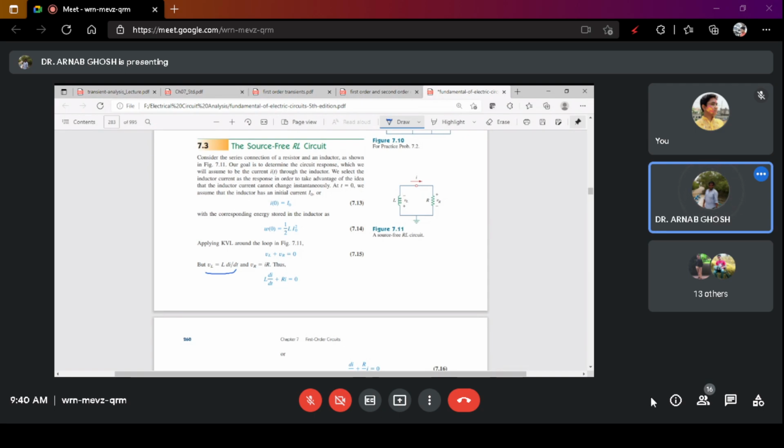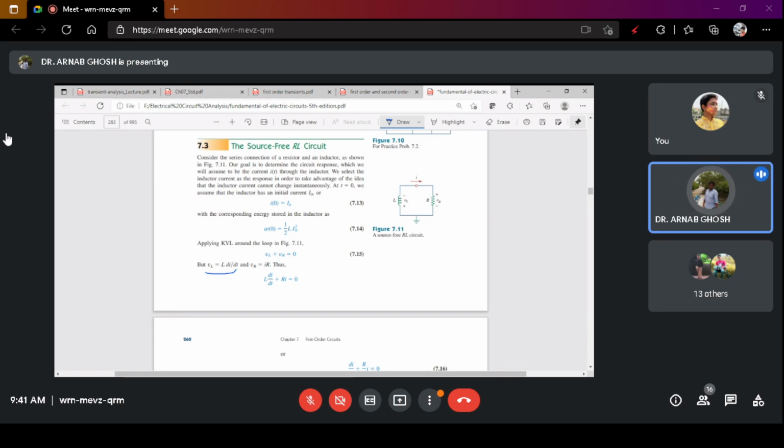Let us say that the initial current across the inductor at time t equals 0 is equal to I0. When we had the capacitor, we assumed the initial voltage as V0 because that was storing energy in an electric field.